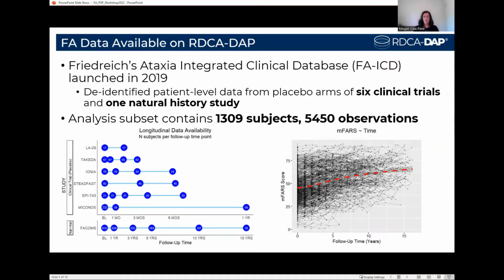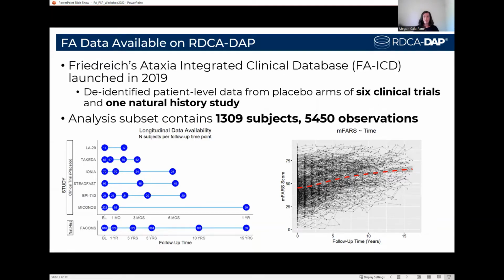The Friedreich's ataxia integrated clinical database is hosted on RDCA-DAP, and to give you an overview of the FAICD, it contains de-identified patient-level data from the placebo arms of 6 clinical trials and 1 long-term natural history study.